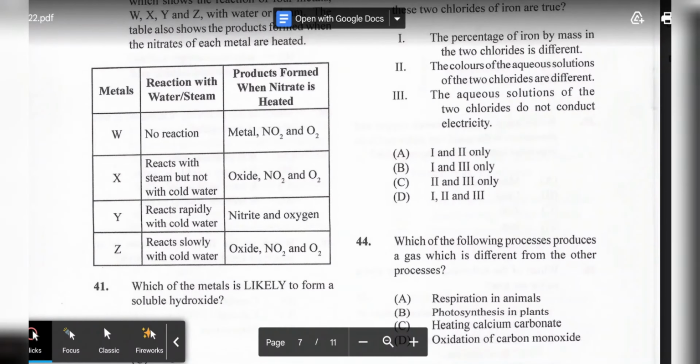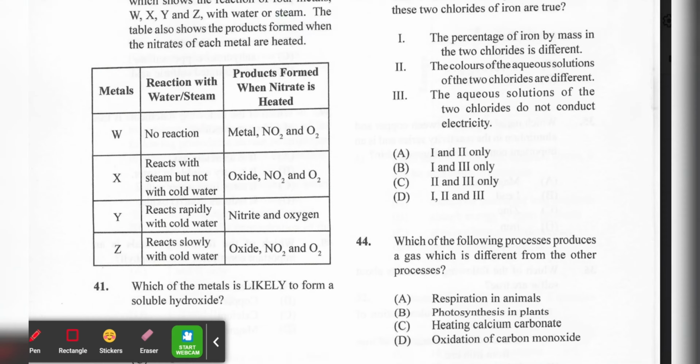W shows no reaction with water or steam, so it's kind of unreactive, and it produces the nitrite and oxygen gas. X reacts with steam but not with cold water, which means it's more reactive than W. It produces the oxide, nitrogen dioxide, and oxygen.